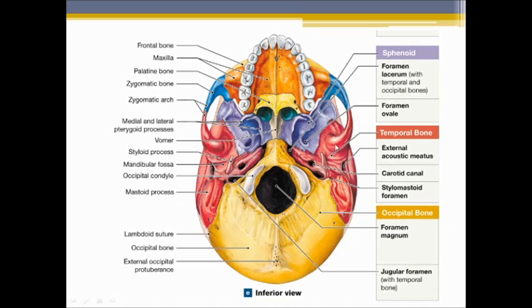We see the styloid processes coming out. The palatine bone on either side here, and the palatine processes of the maxilla on either side here. We see the vomer down the middle, and we can see the different components of the zygomatic arch as well.